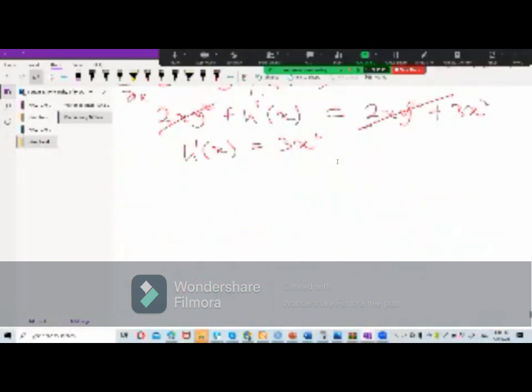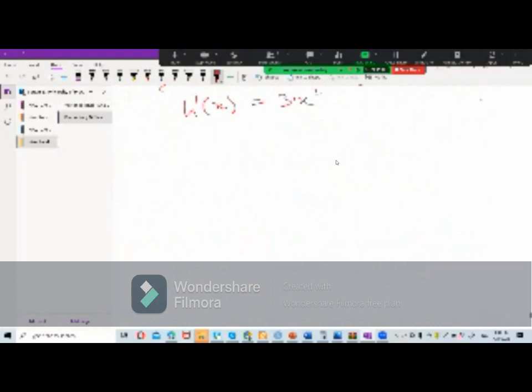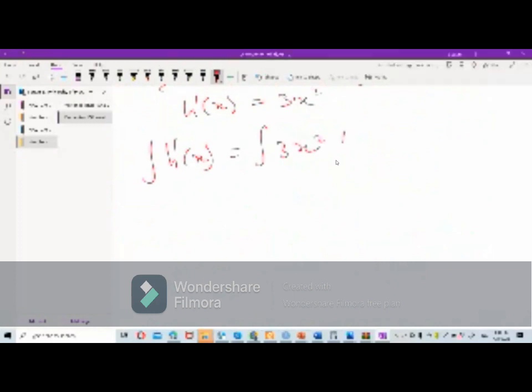At the end of the day, when I integrate both sides, what do I have? I have integral of h prime of x to be integral of 3x squared dx. So at the end of the day, our h of x will be equals to x cubed.